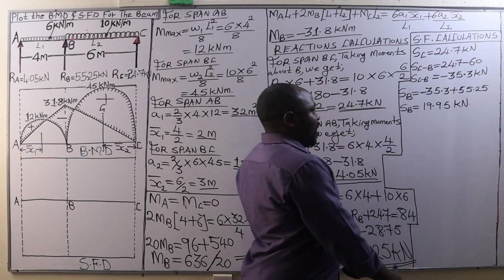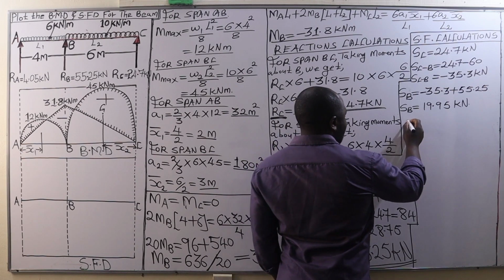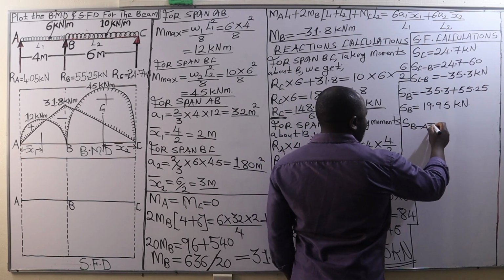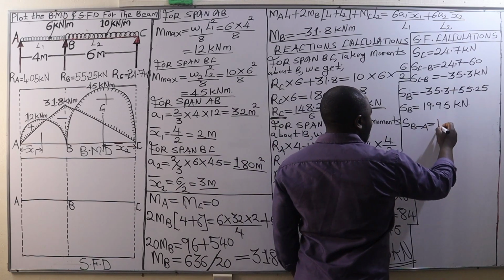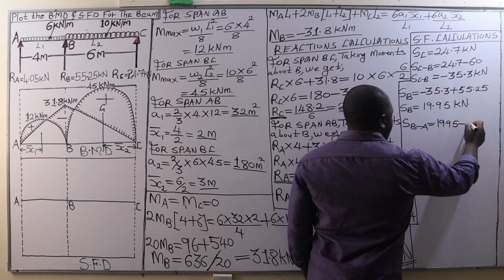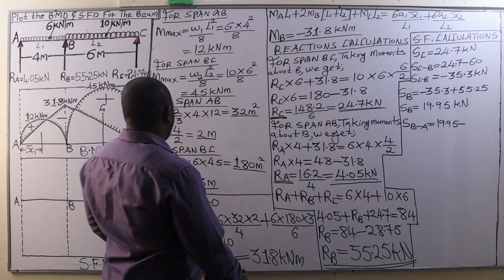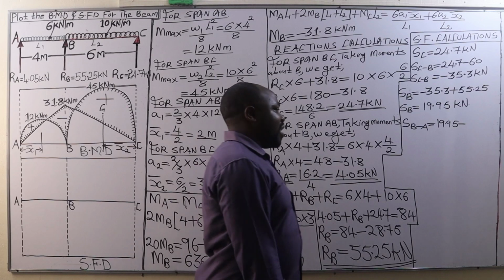Then we go to the shear force between B and A, which is going to change uniformly from this 19.95 shear force at B minus the U.D.L between B and A, which when we convert it to point load is going to be 6 times 4, which is 24.